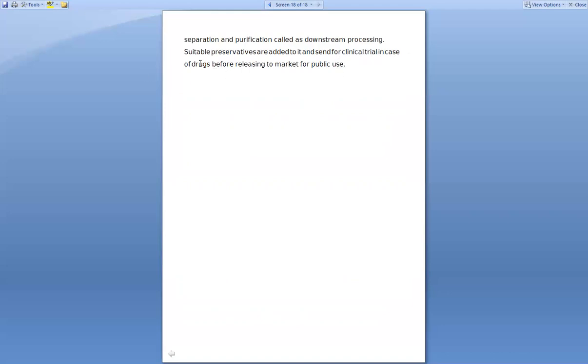So if you are going for the production of drugs, first you need to check whether the drug is proper or not, and for this reason they are sent for clinical trial, right? So before release to the market or public use, they are first tested, and only after that are they sent to the market for public use.